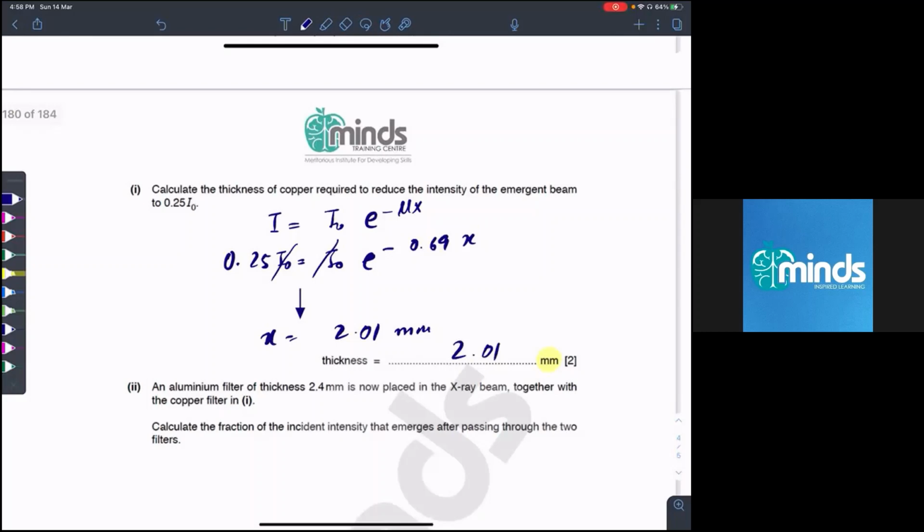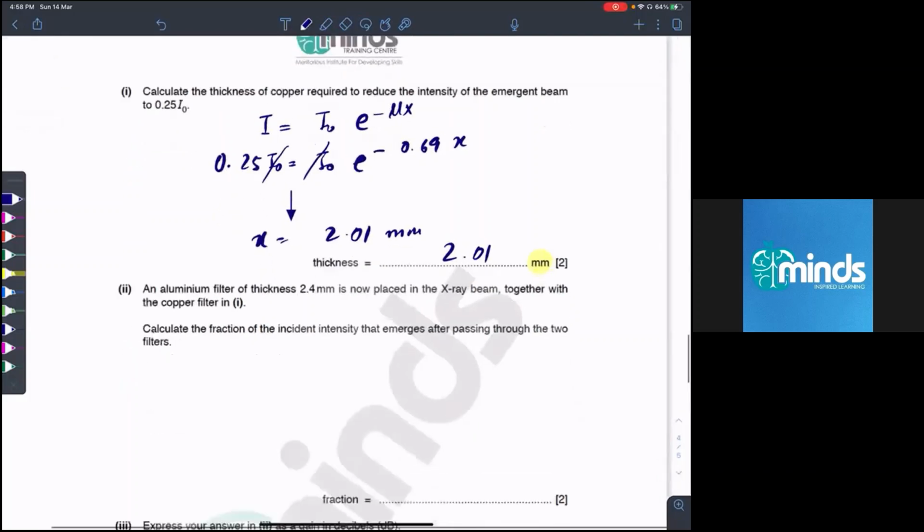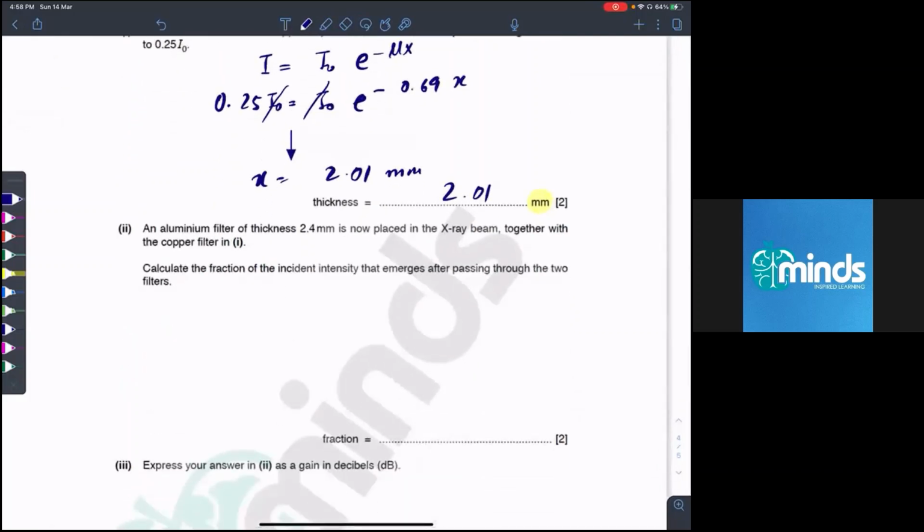Miram, were you able to solve this part? No, sir, but I understand it now. Okay. An aluminum filter of thickness 2.4 millimeter is now placed in the X-ray beam together with the copper filter. Calculate the fraction of the incident intensity that emerges after passing through the two filters.